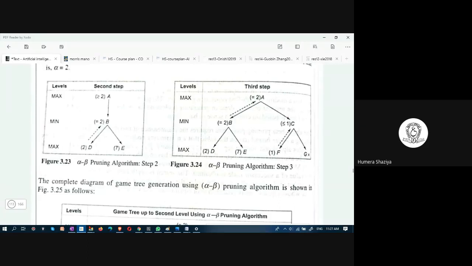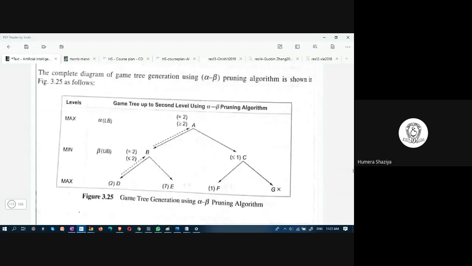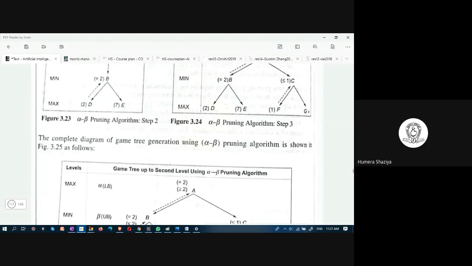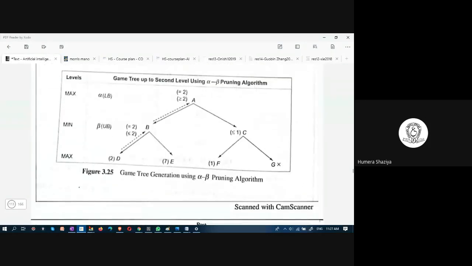In the next step, as we are expanding this tree, you see here G has been pruned. Why has G been pruned? Actually, G has been removed. Perhaps G has a value higher than 1.